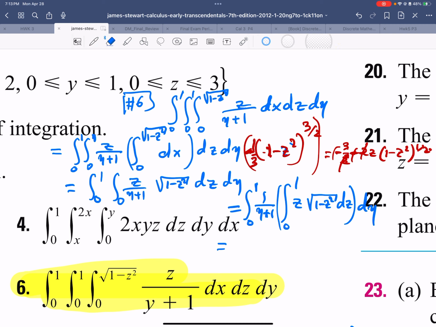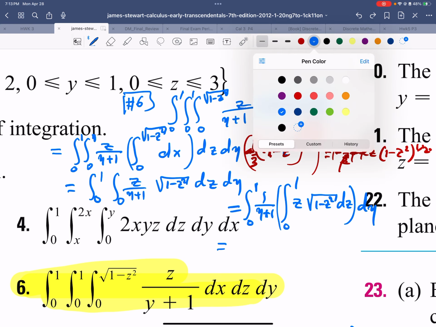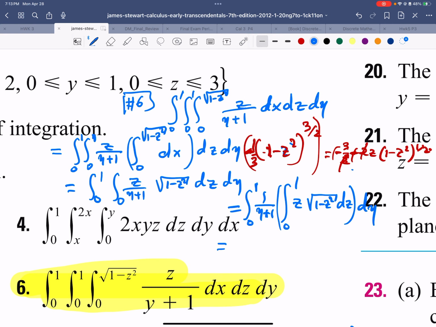So I can tell here, I will have the primitive for this one. You can use a u sub, by the way, okay? Don't follow my way, you can use u sub. You can set up u equals 1 minus z squared, and then you take the derivative of u, which is negative 2z, and then replace it here by u.